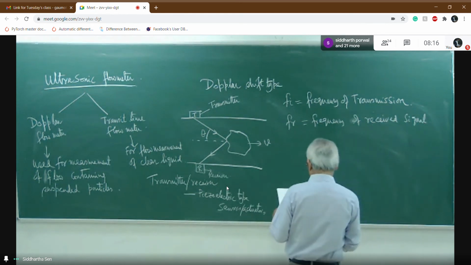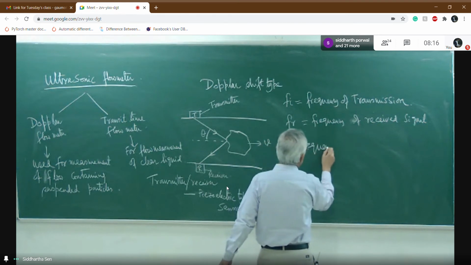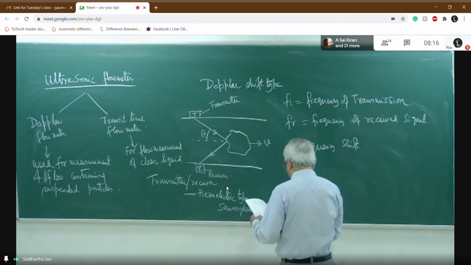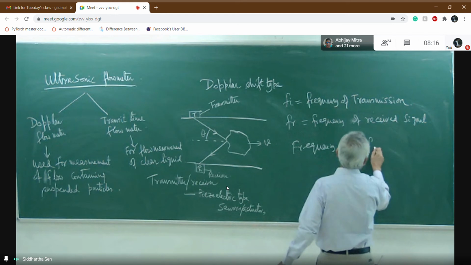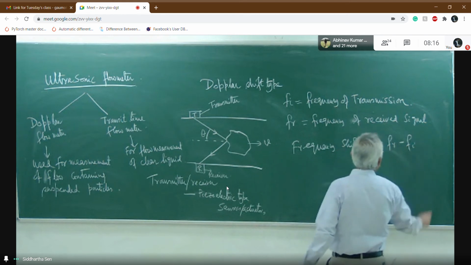And what we call the frequency shift Fd is equal to Fr minus Fi.